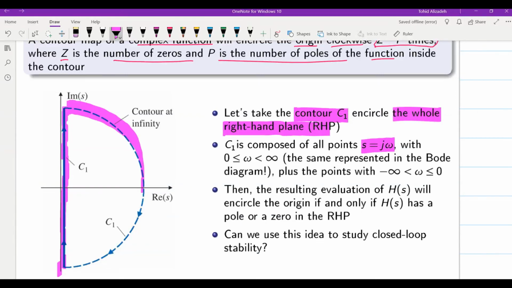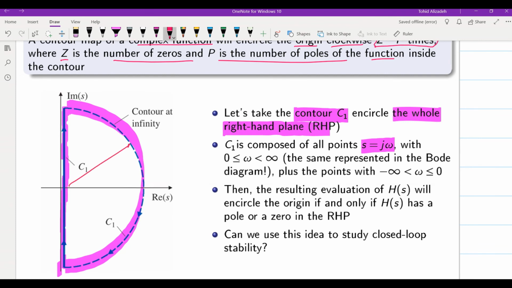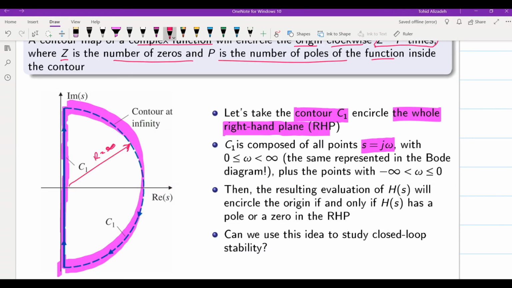And we have this semicircle over here with the radius which approaches infinity in order to cover the whole right half plane. Then if you want to discuss encirclement of the origin, we will consider the poles and zeros of H inside this contour, which means the poles or zeros in the right half plane. And then we will see how to use this in order to discuss the stability of the closed loop systems.